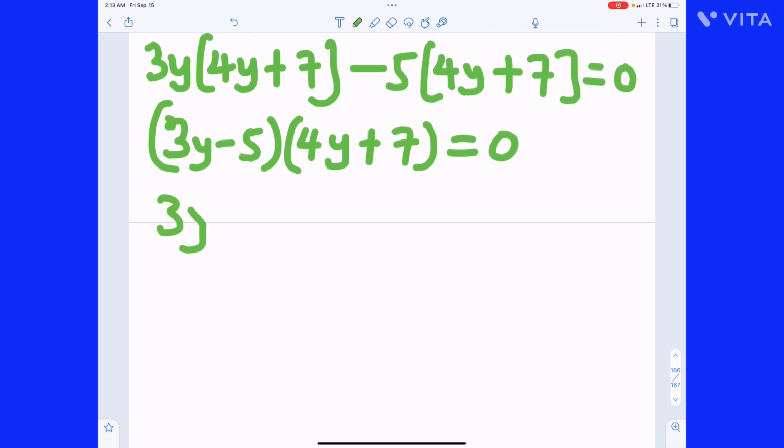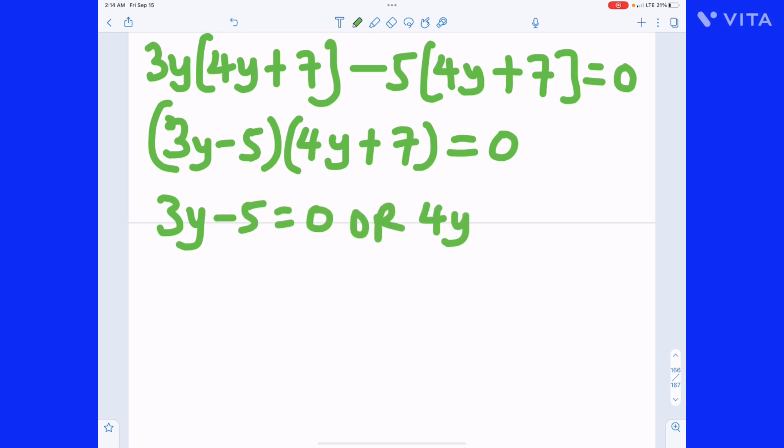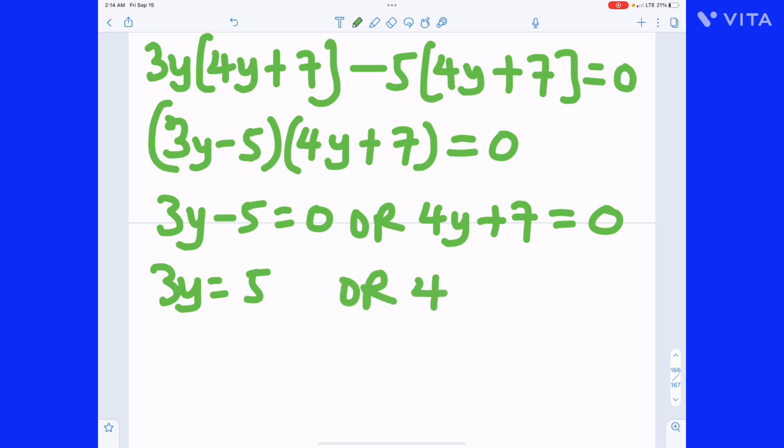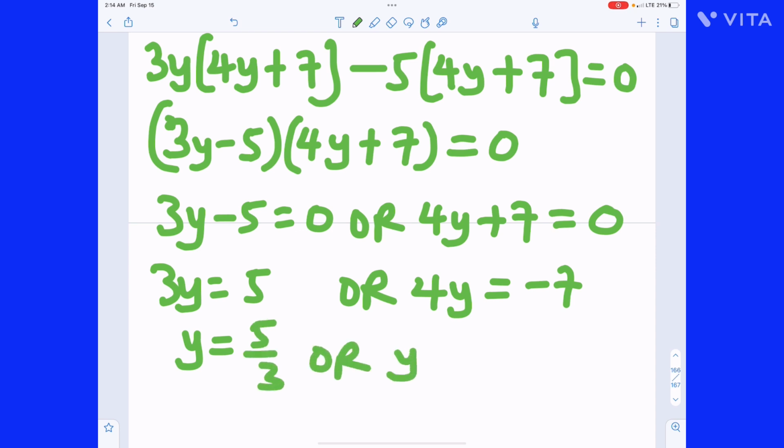What does that give you? 3y minus 5 is 0, or 4y plus 7 is 0. So 3y is 0 plus 5, or 4y is 0 minus 7. y is 5 over 3, or y is minus 7 over 4.